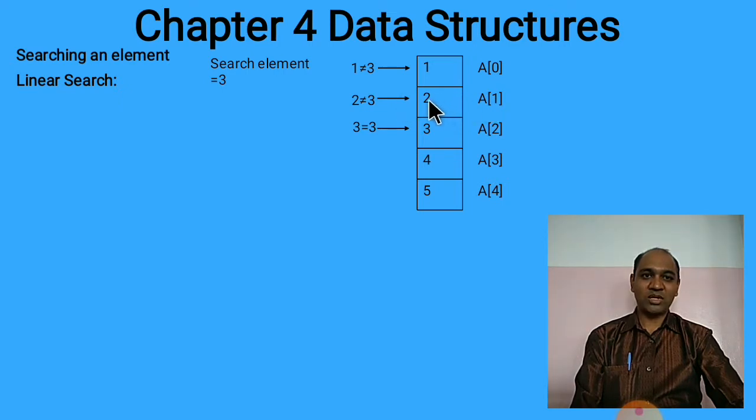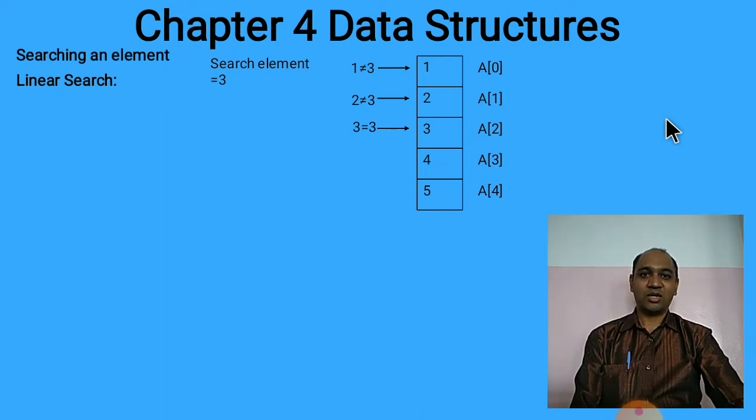A of 1 consisting of 2 is not equal to the search element 3, and next it moves on to the next element, A of 2, consisting of 3. Here 3 is equal to 3, hence the search is successful and the element 3 is present at location 2. Okay, so let us see the algorithm.